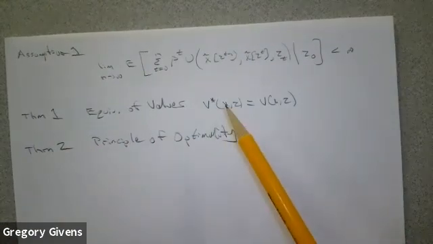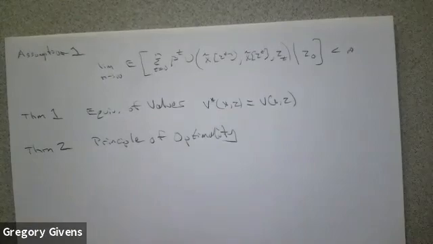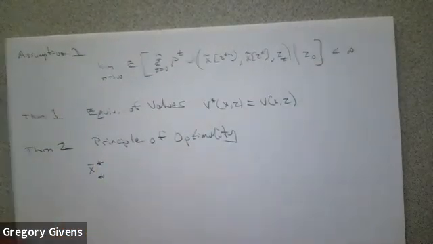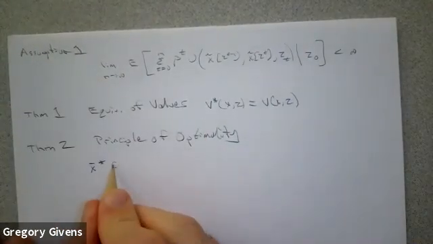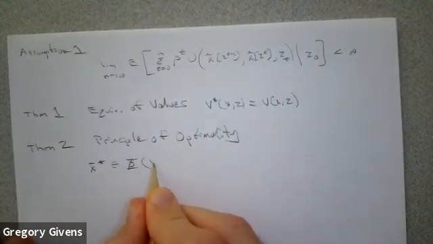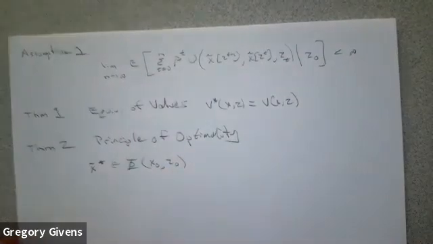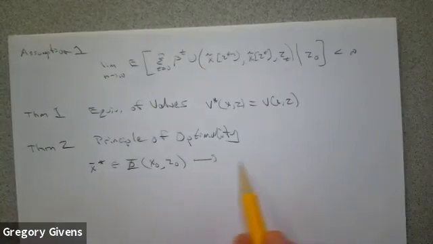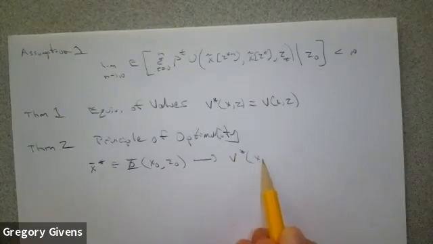If assumption 1 holds, then for any initial values of x and z, let's assume that x bar star is some feasible sequence of state contingent plans starting at date 0 that attains the maximum value of the sequence problem. That is V star of x0, z0.